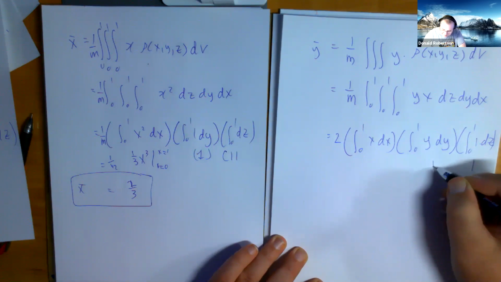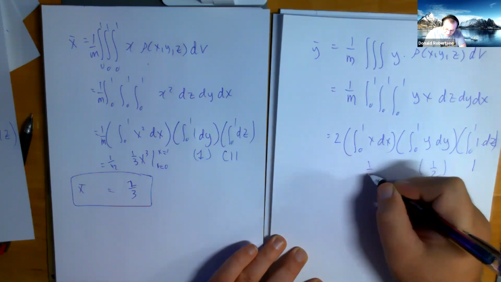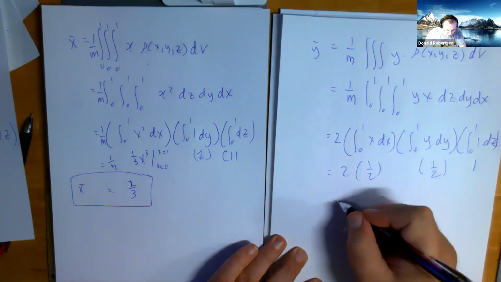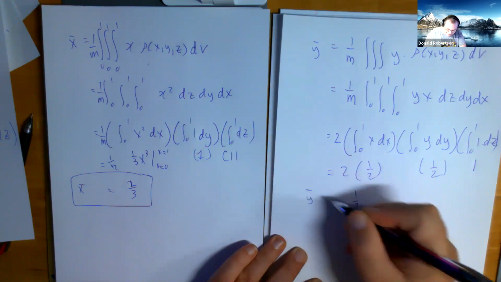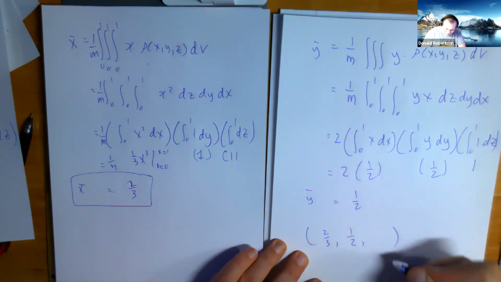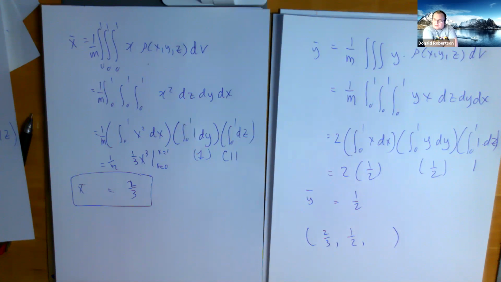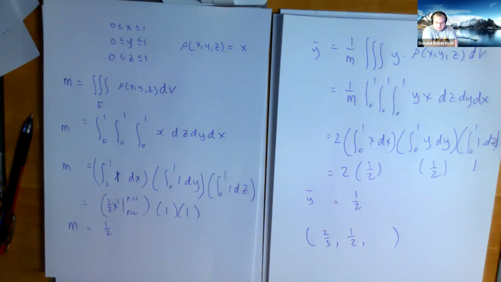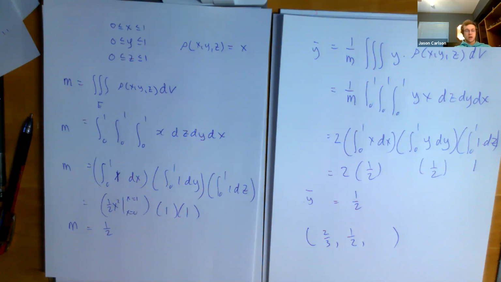This is 1, this is a half, this is a half, and this is 2, and so the whole thing I get is a half. So 2/3, 1/2. I know what z bar is. What number is z bar? It's also a half.